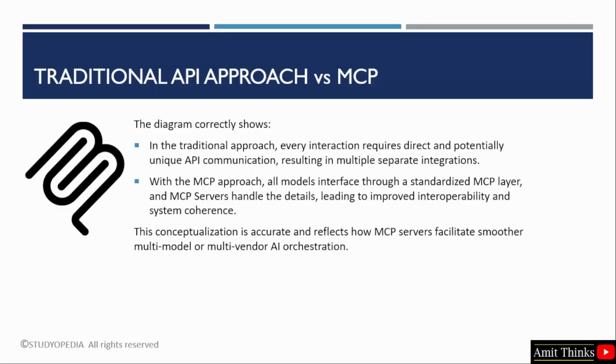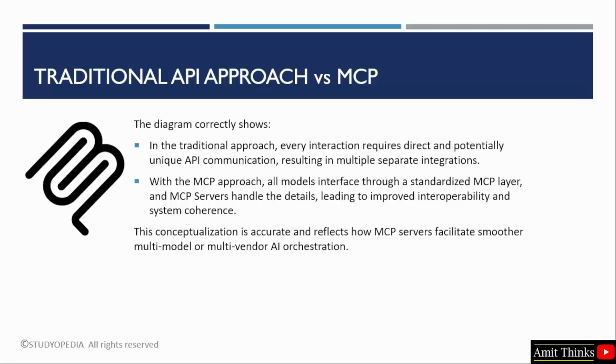As in the previous diagram, under the traditional approach, each interaction demands a direct, often custom-built API connection. This leads to multiple isolated integrations, increasing complexity and maintenance overhead. While under the MCP approach, all models connect through a unified MCP layer.